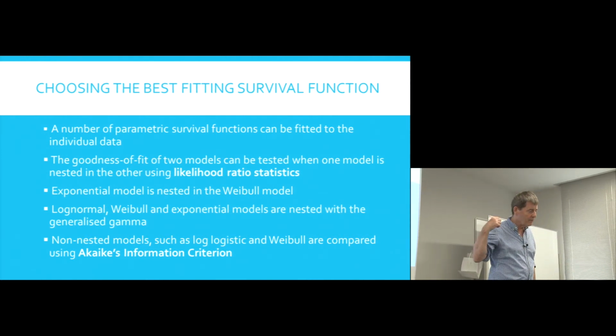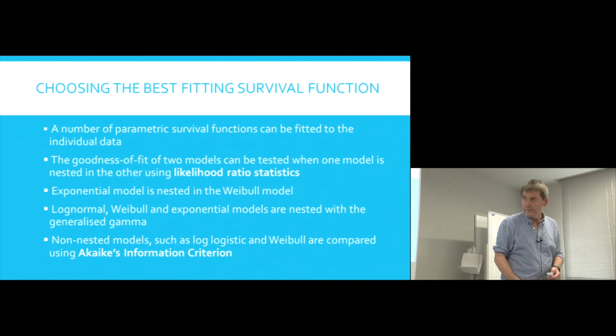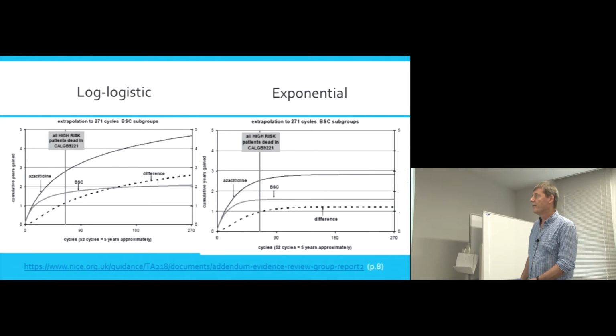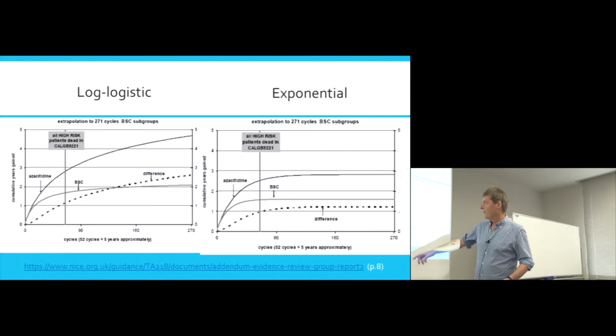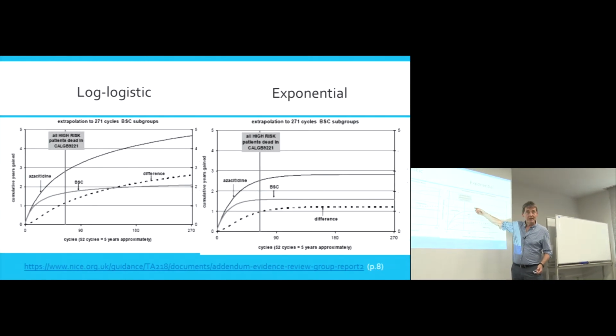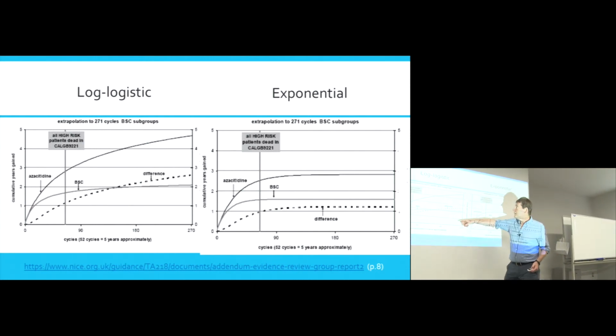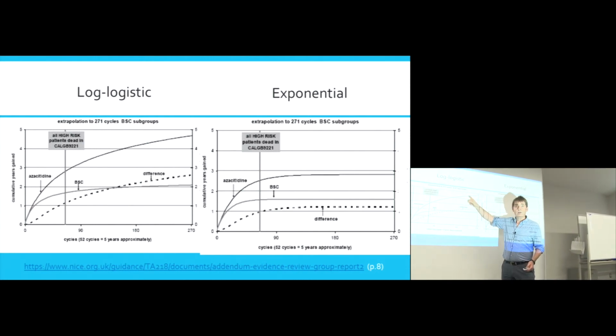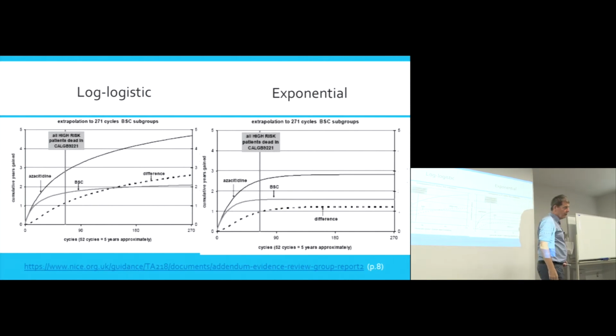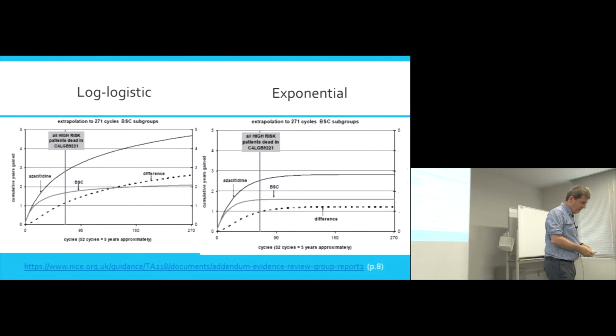And in our example, the exponential model did give a plausible explanation, essentially because everybody was being killed off. The log logistic didn't give as plausible a prediction.